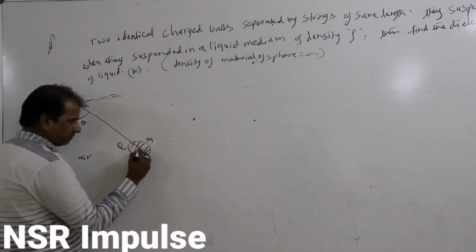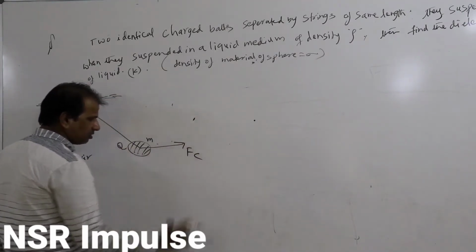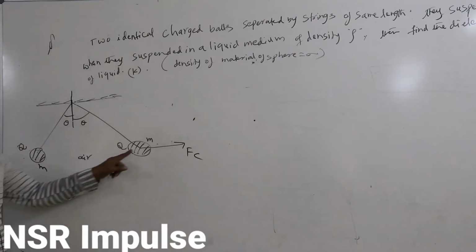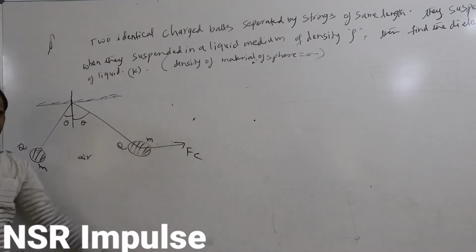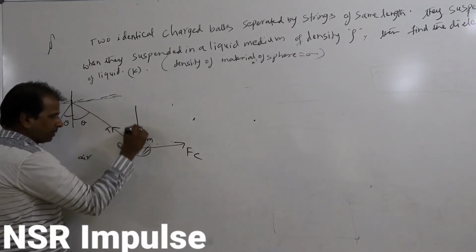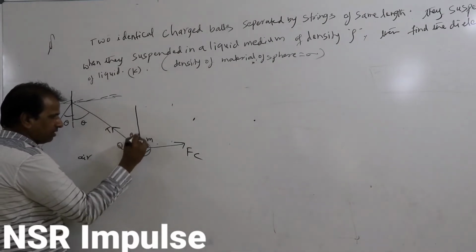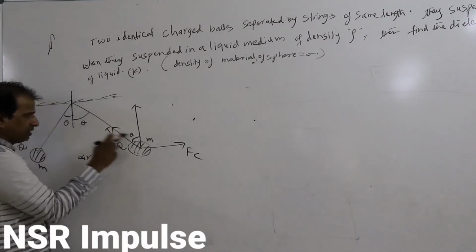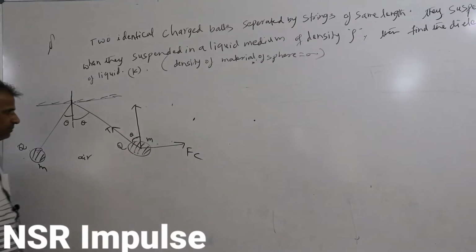Let us take this one. On this, a Coulombic repulsive force acts, because it will be pushed away by this particular charge. This is the tension, and it makes an angle theta. This is also theta, the same angle.